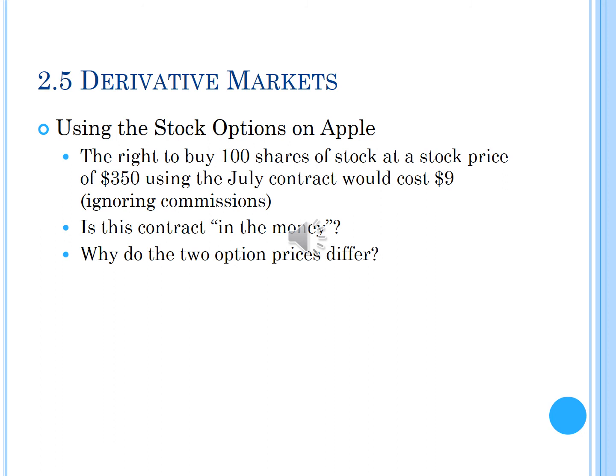All of these factors affect the contract value or the contract cost. In this example you see that there is a bigger difference between the current market price of the stock and the strike price, which is $7.20 in this case. So this makes the contract more costly, or more valuable.